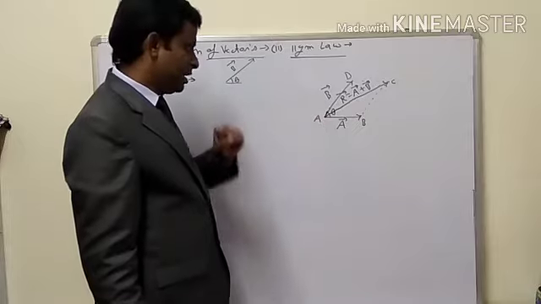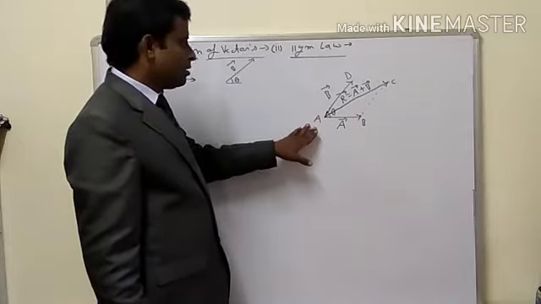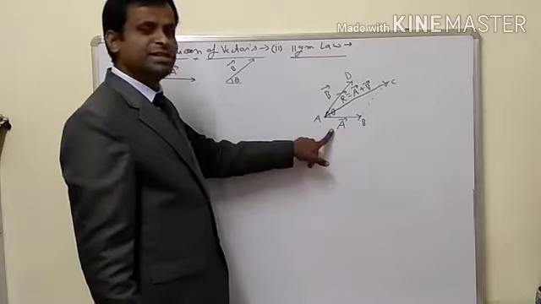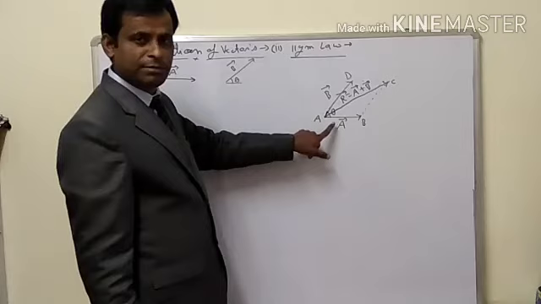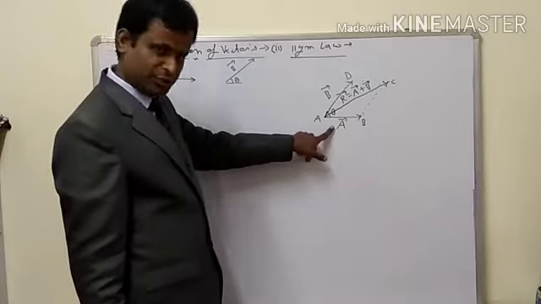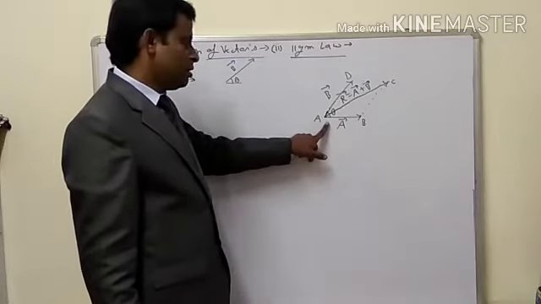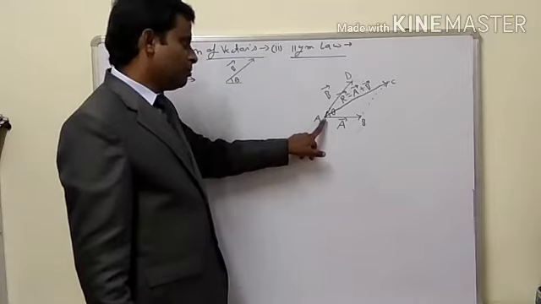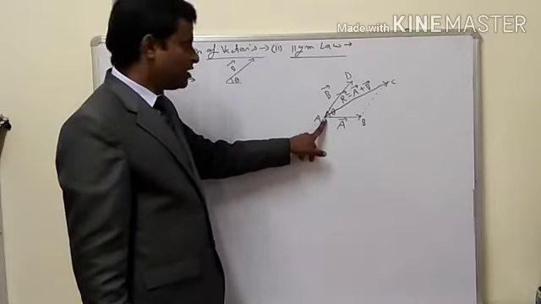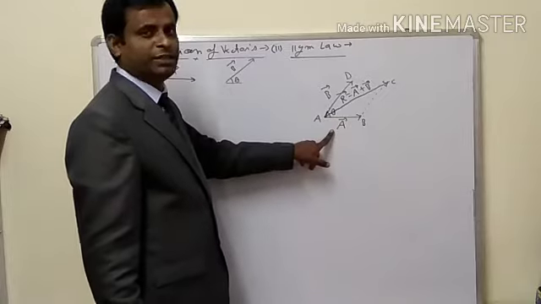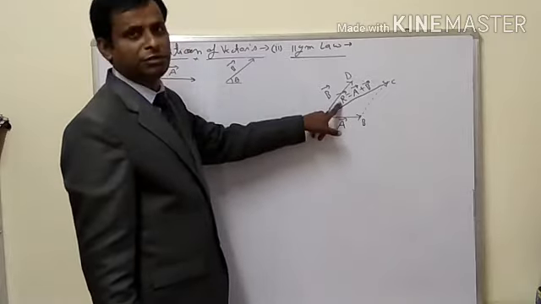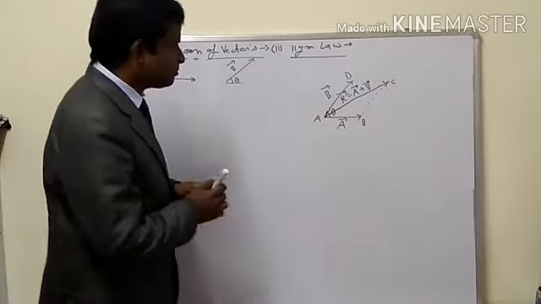I am repeating it again. If two vectors represent the two adjacent sides of the parallelogram in terms of magnitude and direction, then the diagonal from this common point will represent the resultant of the two vector addition in terms of magnitude and direction.